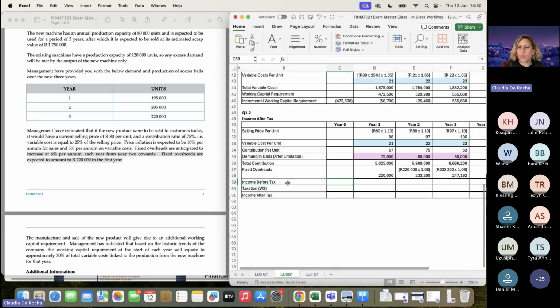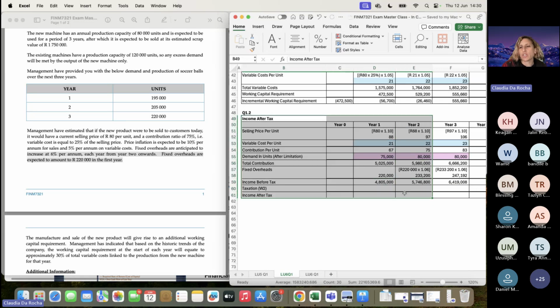Okay, so for income before tax, it's obviously our total contribution minus our fixed overheads. And then the taxation we work out, and then income after tax will be the deduction of the two. All right, so now let's do our taxation calculation.